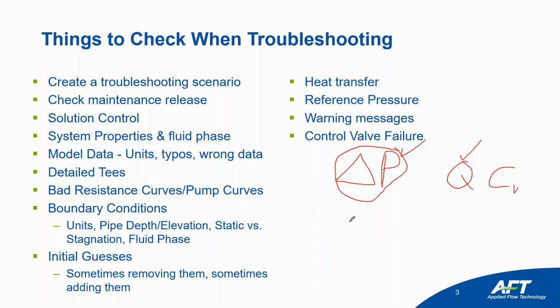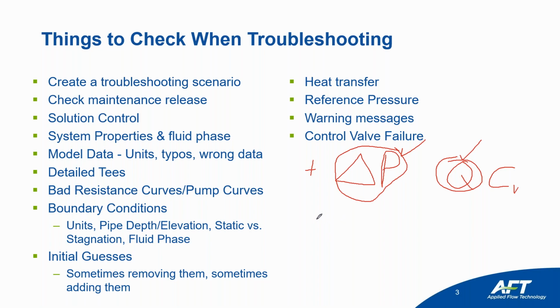So what the software would then do is it will add more pressure where your control valve would start acting like a pump in order to meet your set point. Well, that is obviously physically unrealistic, but it's really useful for troubleshooting purposes because it will give you a good indication as to which control valves will be able to control and which ones can't.